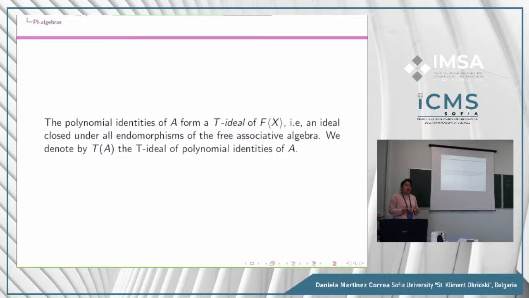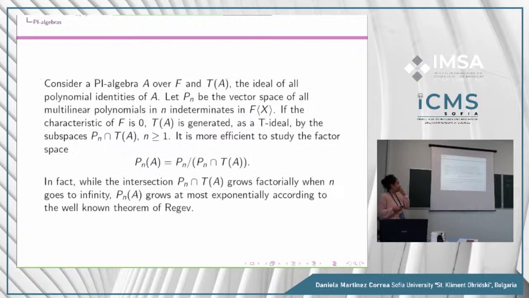But when we work in characteristic zero, there are some tools and results that can help us to obtain information about the T-ideal. So from now on, we consider F a field of characteristic zero. Let A be an algebra and T(A) the T-ideal of the identities.